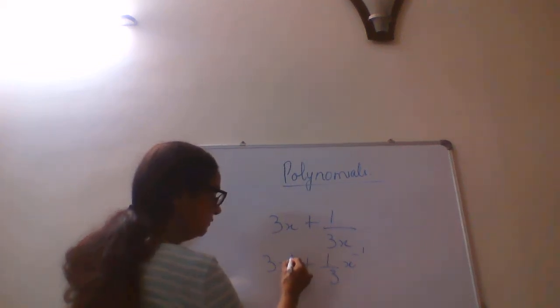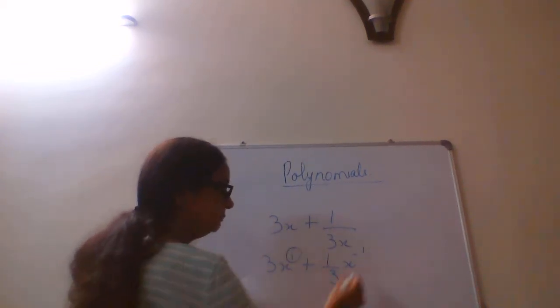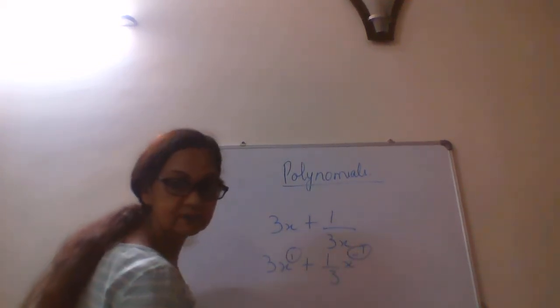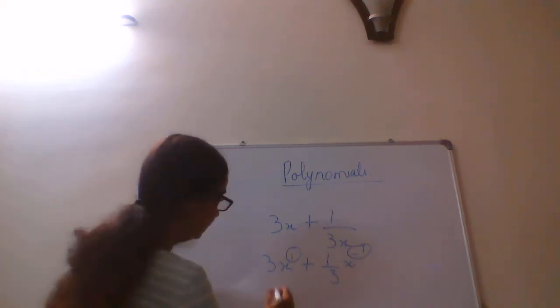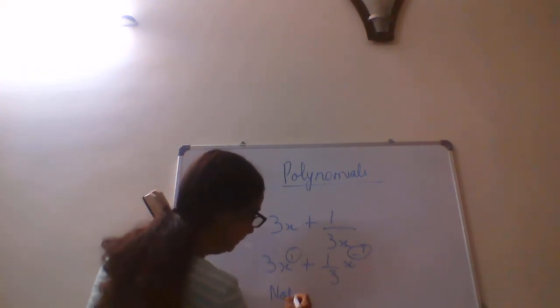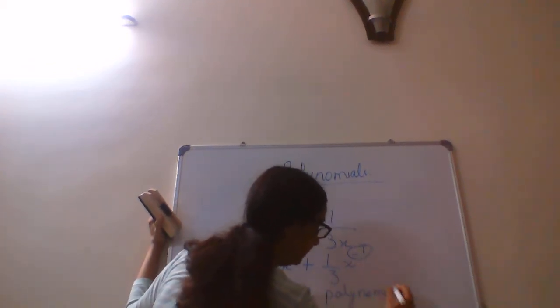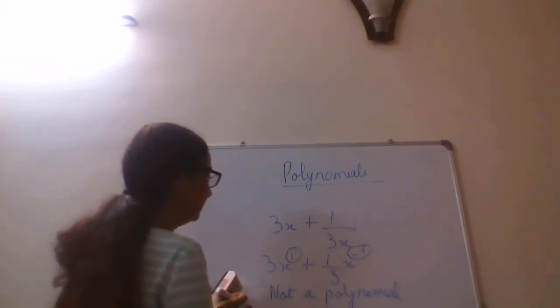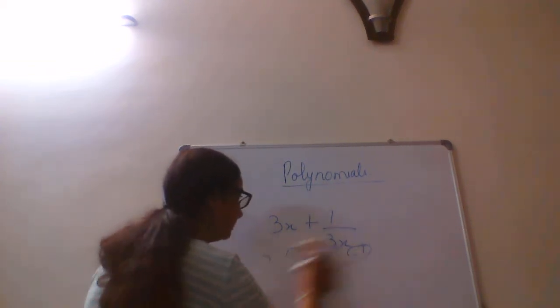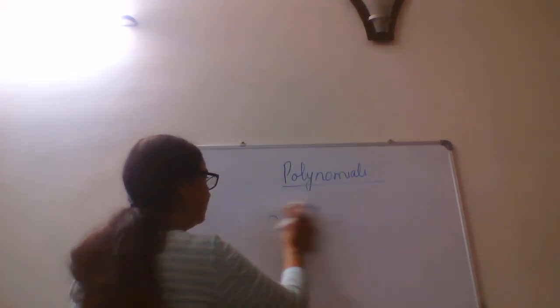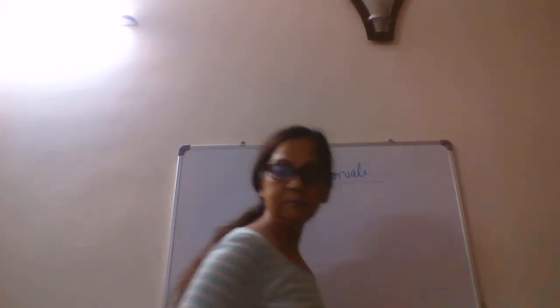Now, can you see the power of x in the first term is a whole number, but here it is not a whole number, it is an integer. So it is not a polynomial. Am I clear to you? The condition is that you have to be very, very careful that the variable's power is a whole number.